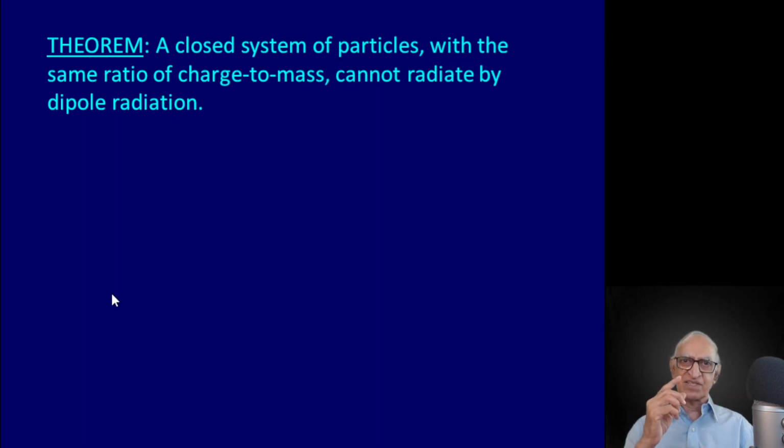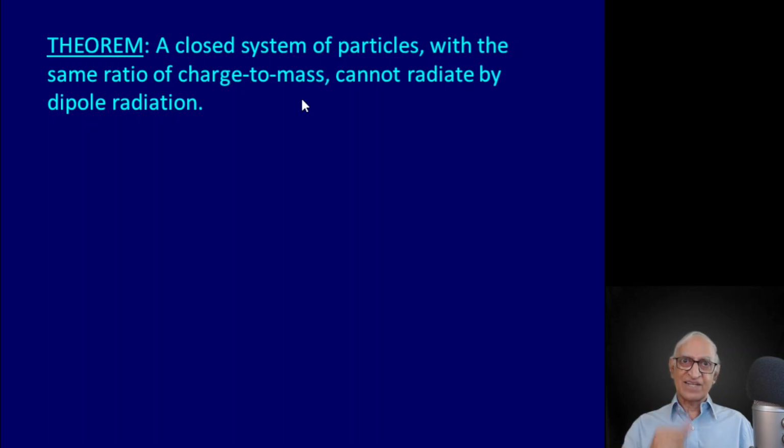So far we were discussing, in Larmor's formula and so on, a single charge. Let's go back to our bag of charges moving with arbitrary directions and acceleration. Now, there is a fundamental theorem. A closed system of particles with the same ratio of charge to mass, e over m, cannot radiate by dipole radiation.